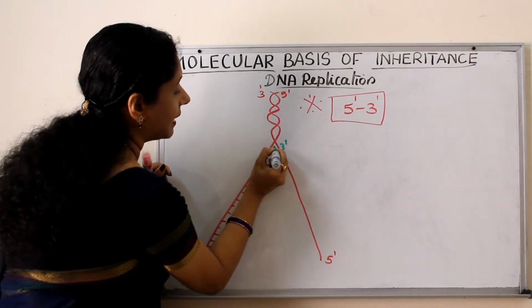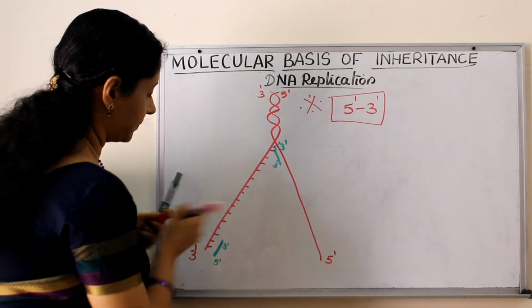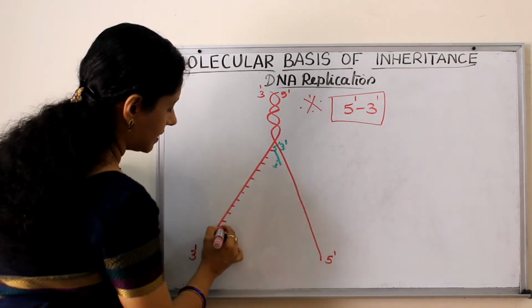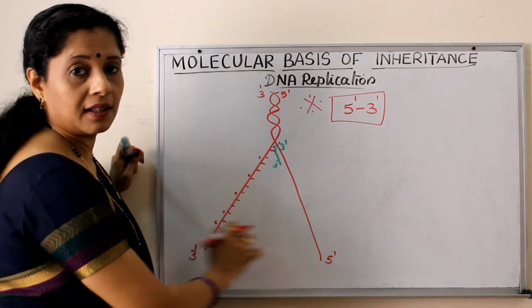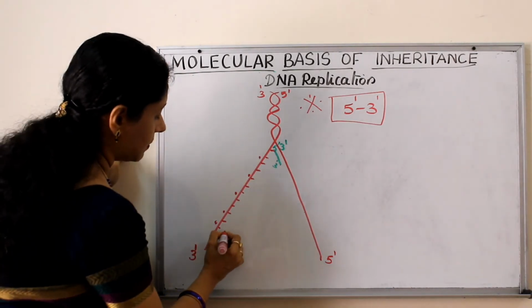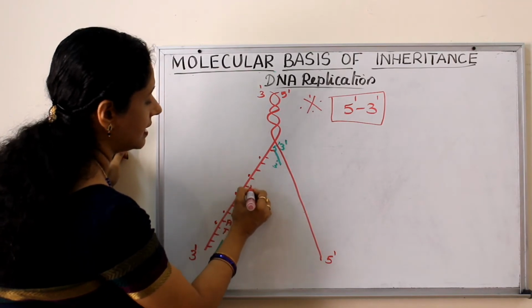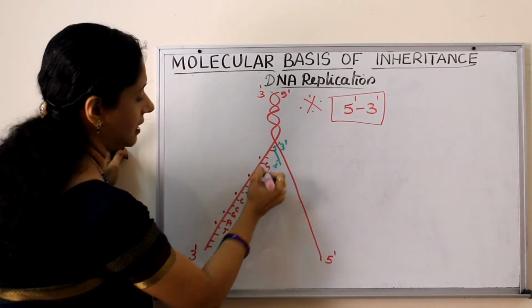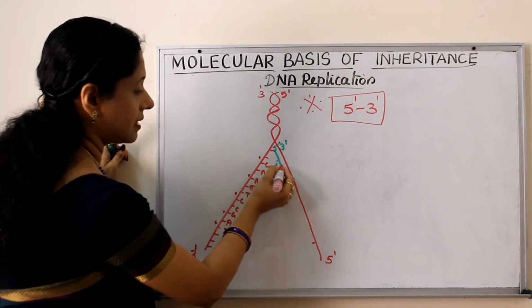So it will have 5', 3'. Now there are nucleotides. Suppose I am just writing this, and single strand binding proteins will be attached here to prevent the joining back. So suppose this is T, A, G, C, C, T, T, A, G. I'm just randomly telling. So we know that this side, this is complementary, right?